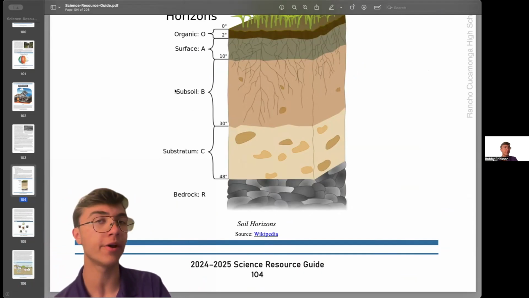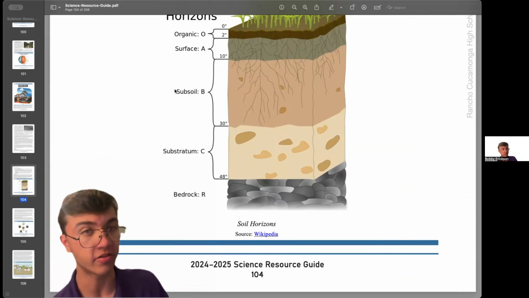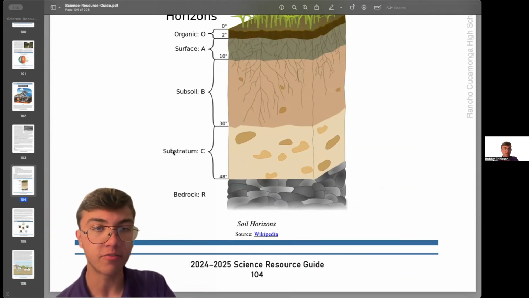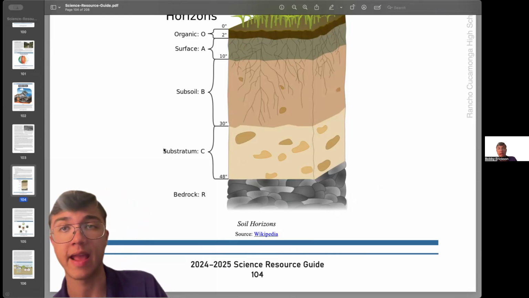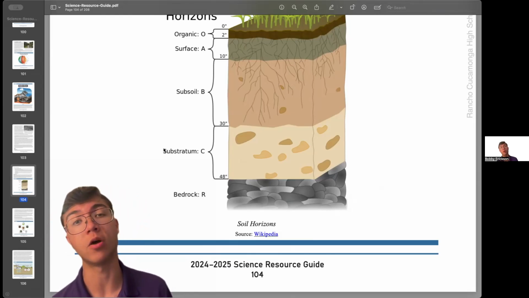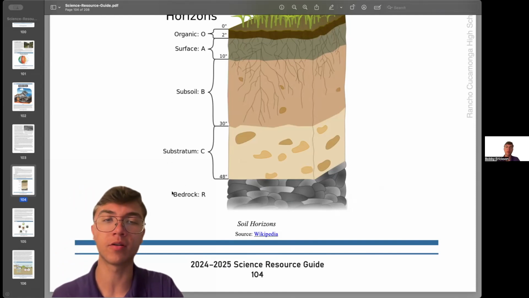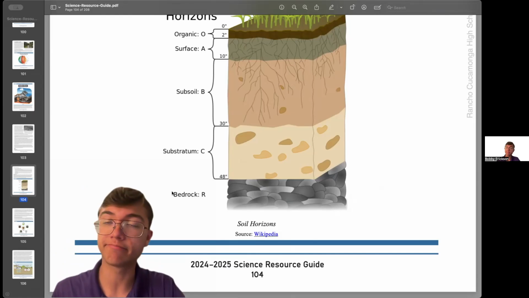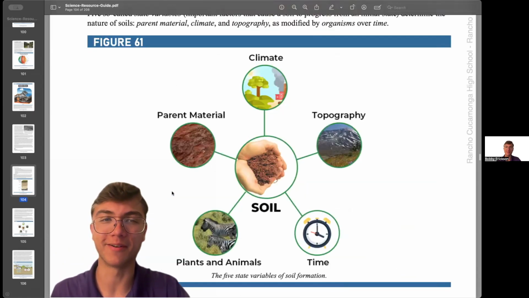So we can think soil, okay, that's near the top, but it's sub, so it's below the surface. And then we have the substratum. How I would remember this honestly is that it's a longer name, substratum, and that means it's lower down, it's in the C horizon. And then bedrock, I'm not sure why it's called an R horizon, but they like to do random names for things, so you can probably remember that.